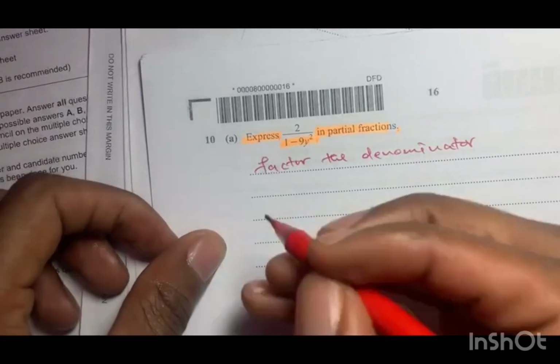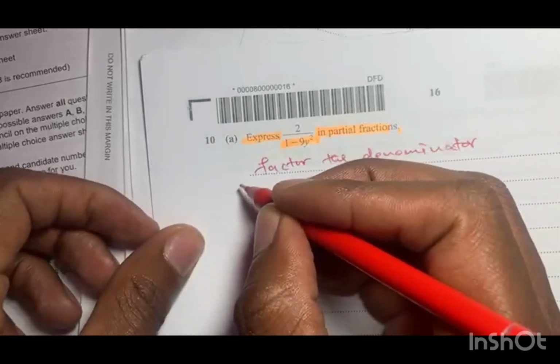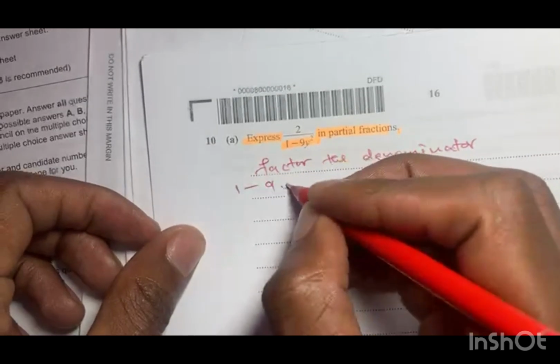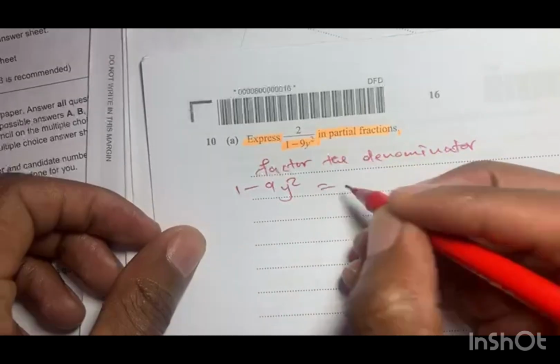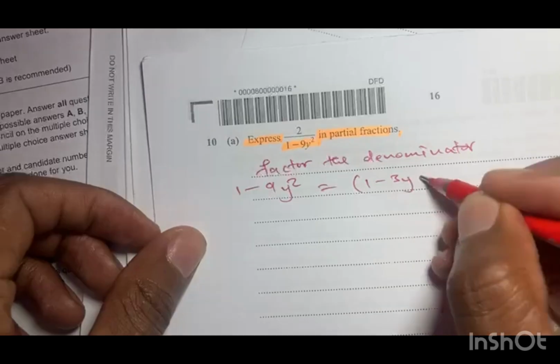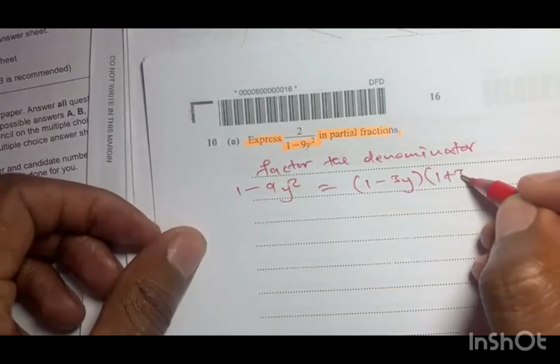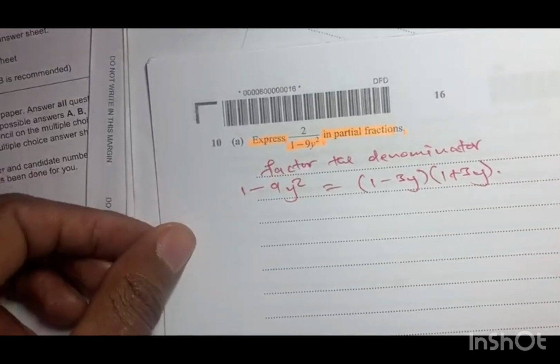To factor the denominator is to recognize that it's a difference of 2 squares. So we say 1 minus 9y squared is equivalent to 1 minus 3y, then 1 plus 3y. That's a difference of 2 squares.